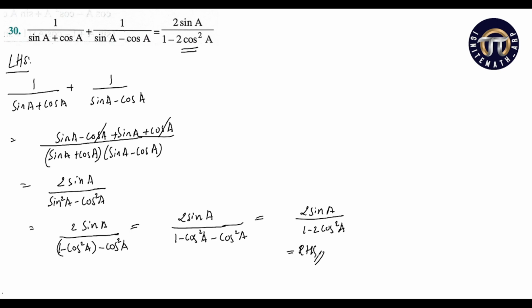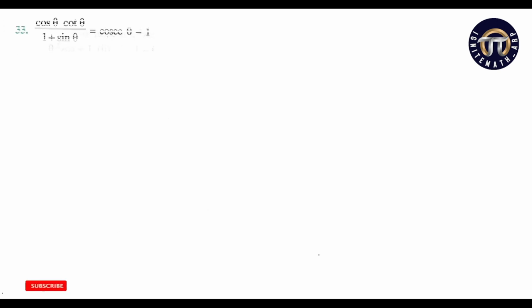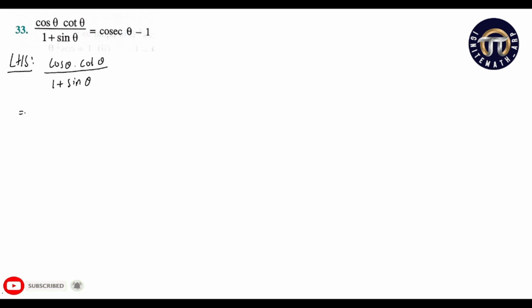Clear, children? So now let us move to the next one, that is cos theta into cot theta by 1 plus sin theta is equal to cosec theta minus 1. Clear, children? So now what I do here is I will just consider the LHS over here. So LHS is what? It is cos theta into cot theta divided by 1 plus sin theta. Clear? So now what I write over here, children, cos theta into cot theta is there in the numerator.